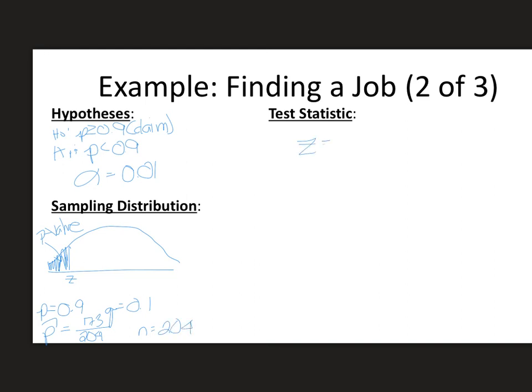Our Z is 173 over 204 minus 0.9 over the square root of 0.9 times 0.1 over 204. And you'll get in Excel approximately negative 2.47.